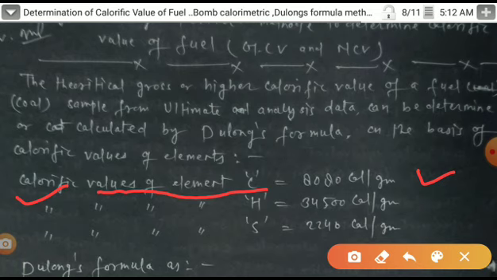Carbon has the constant calorific value 8080 calorie per gram, whereas hydrogen also has a constant calorific value, that is 34500 calorie per gram, and sulfur also has a constant calorific value after burning, that is 2240 calorie per gram.